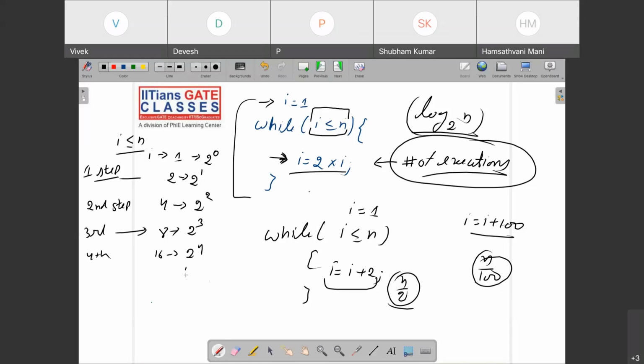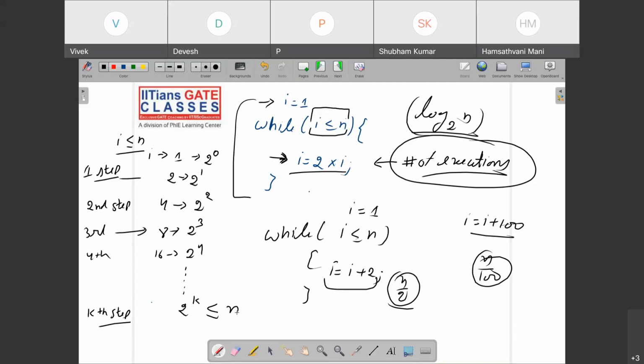It will keep on growing until, for some value k, for example the kth step, I'm assuming there is a kth step. We don't know the value of k yet. Up to the previous step it should be less than or equal to n.